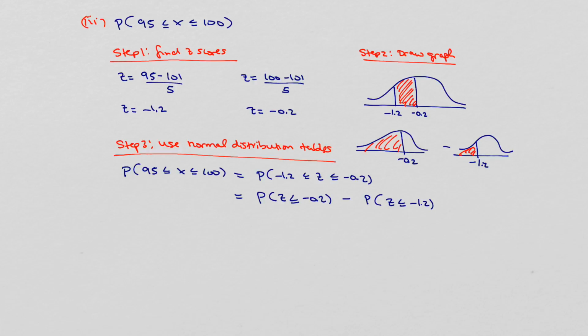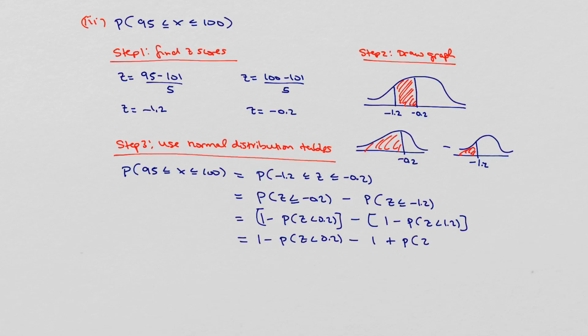We can't get less than or equal to minus 0.2 from our tables, so that's the same as 1 minus the probability that z is less than 0.2. And we can't get z less than or equal to minus 1.2 either, so that's also 1 minus the probability that z is less than 1.2. Getting rid of our brackets, we have 1 minus the probability that z is less than 0.2 minus 1 plus the probability that z is less than 1.2. Our 1's cancel, leaving us with the probability that z is less than 1.2 minus the probability that z is less than 0.2.